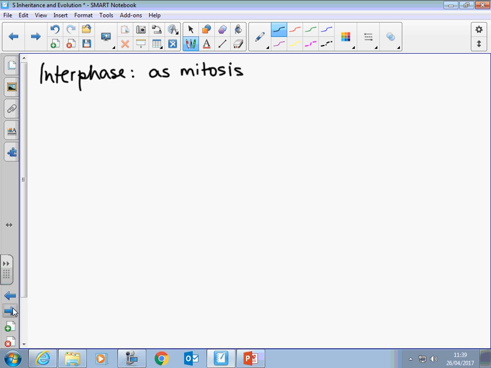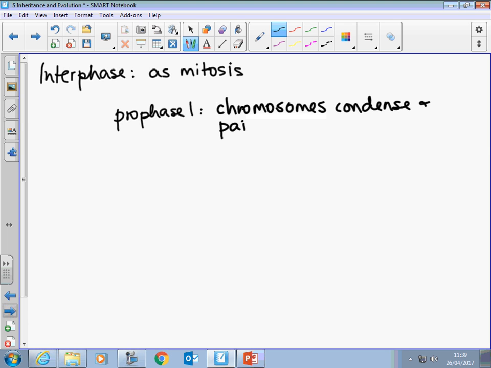Okay, prophase 1. Now, what to put in this? Oh, well, chromosomes condense and pair into bivalents. That's quite important.